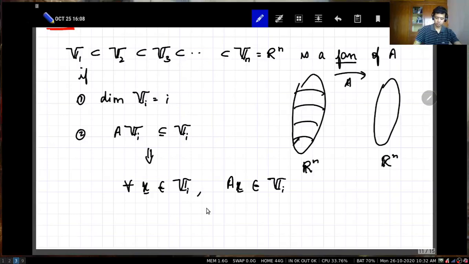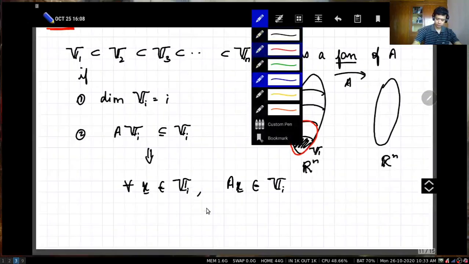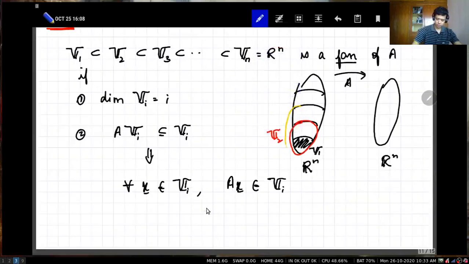So this is V1, this entire region is V2, this region is V3, and so on.